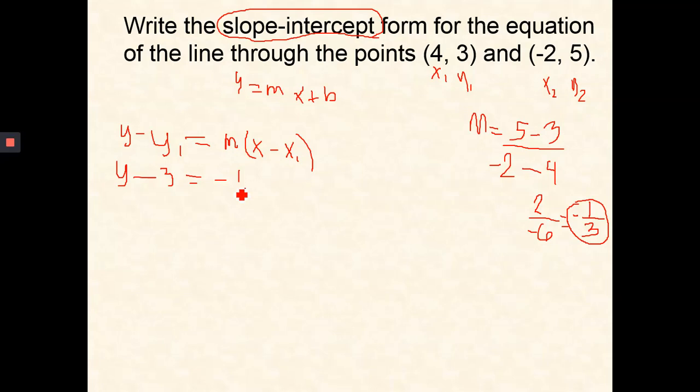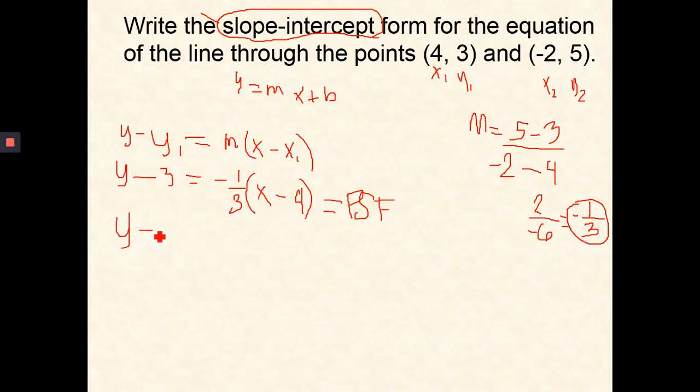Negative 1/3 multiplied by the quantity x minus, what is your x sub 1? 4. Okay? This is now the equation in point-slope form. So if you are required to give your answer in point-slope form, this is now the answer. But since the instruction is give the answer in slope-intercept form, we have to do that first.